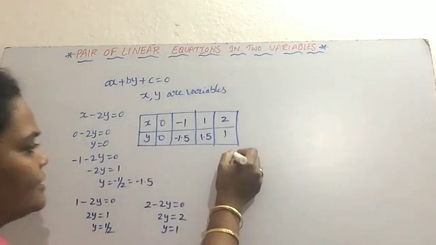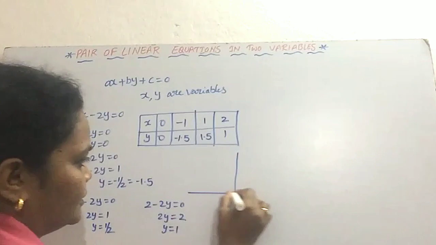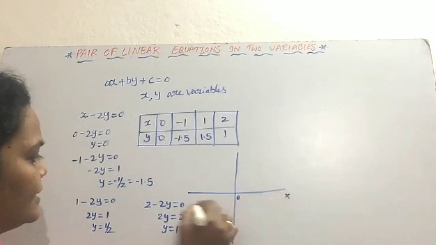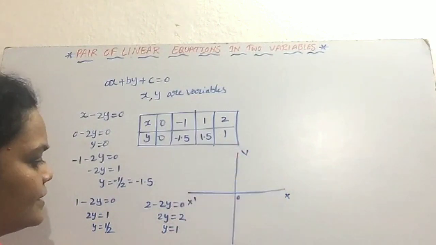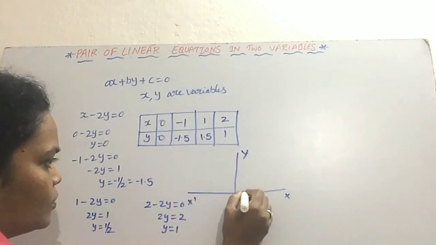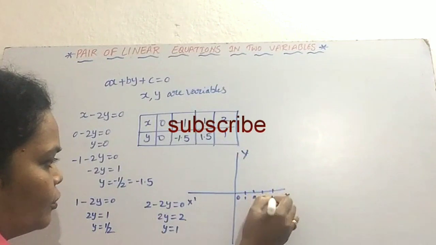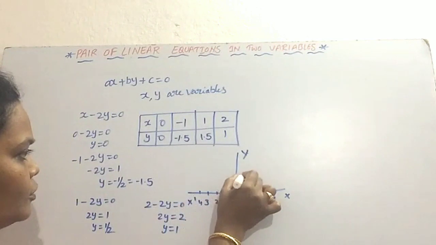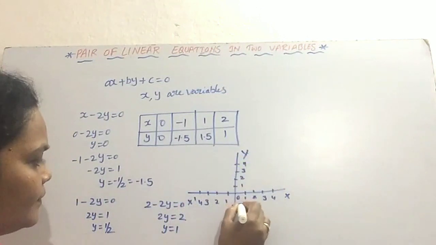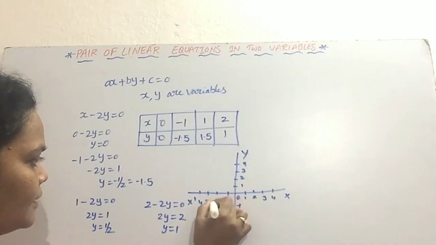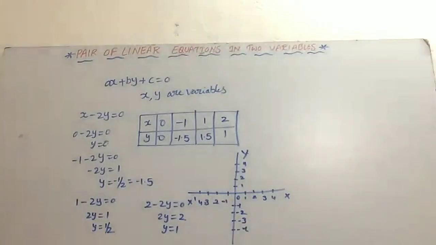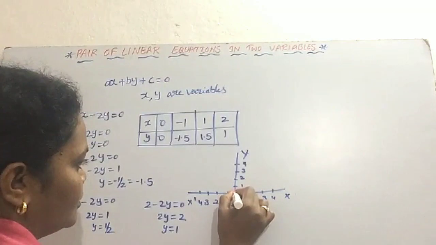Now if we draw this on a graph, this is 0, this is the x axis and this is the y axis. So 1, 2, 3, 4, here also 1, 2, 3, 4, minus 1, minus 2, minus 3, minus 4. If x = 0, y = 0, this is the point (0, 0).